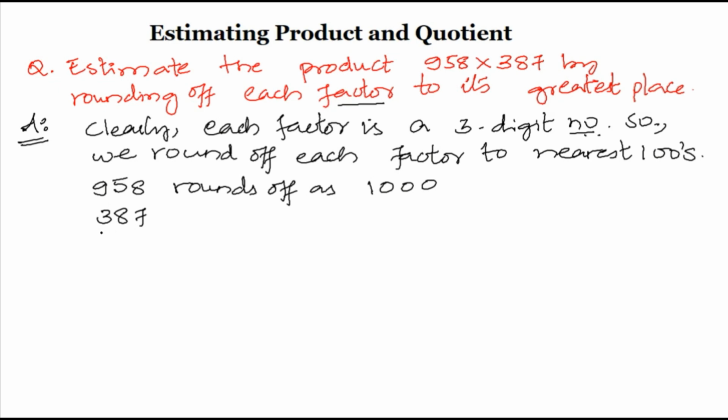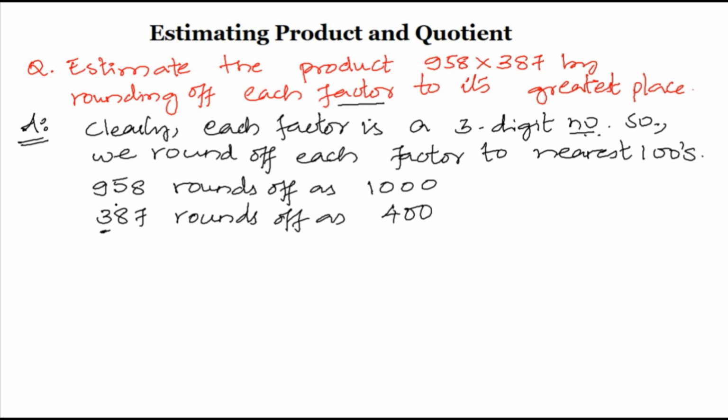Look at the digit here at hundreds place. It is 300. So 387 rounds off as 400.